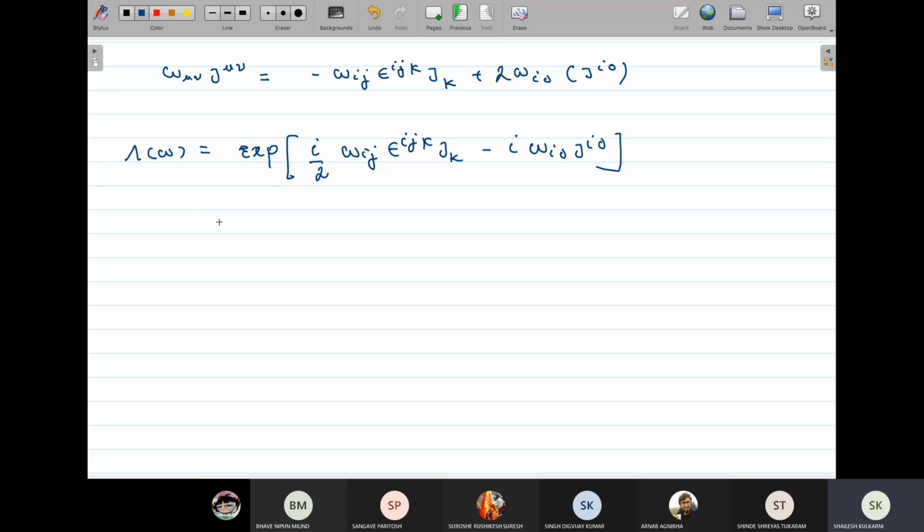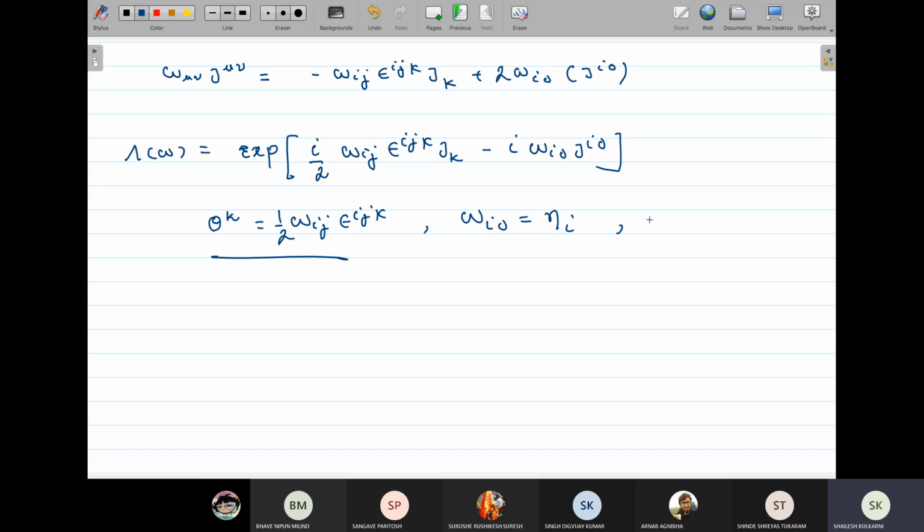If I define theta k, some three numbers, as half omega ij epsilon ijk, there is a summation over ij, so k is a free index. If I sum over ij, I will get just a one-index object that I'm defining as theta k. And omega i0 as eta i.